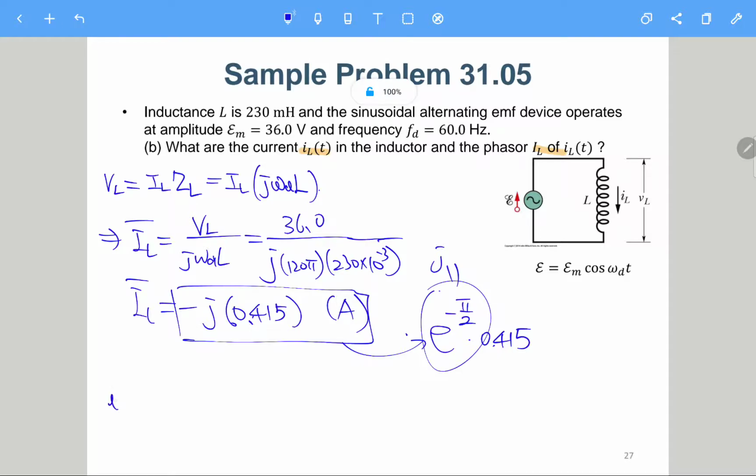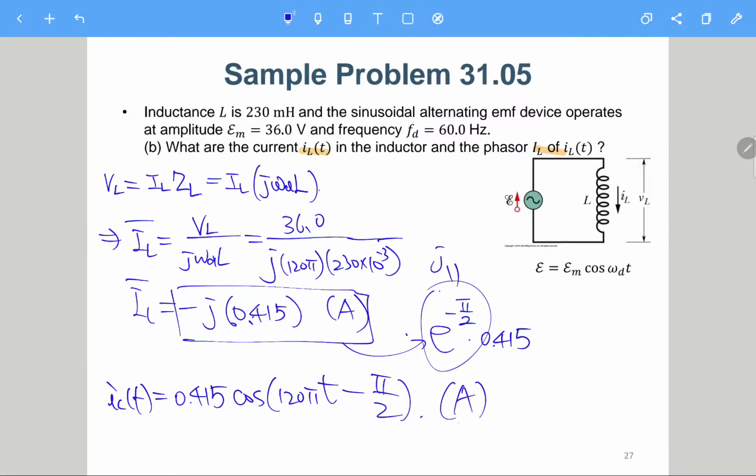So in this case, IL of t will be 0.415 cosine of 120 pi t minus pi over 2 A. So this is the time domain function for the current.